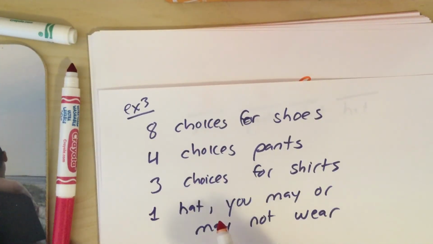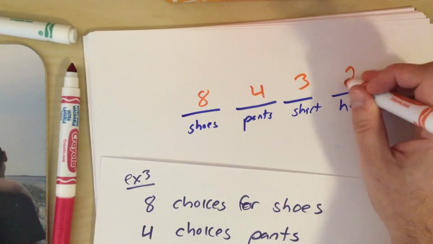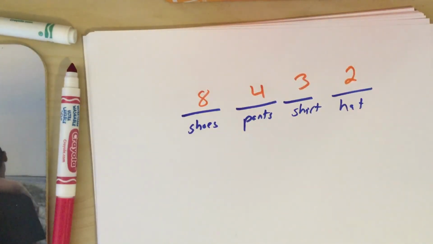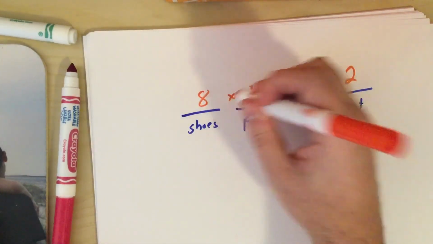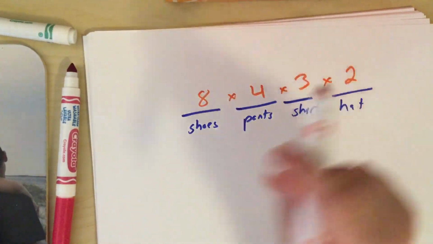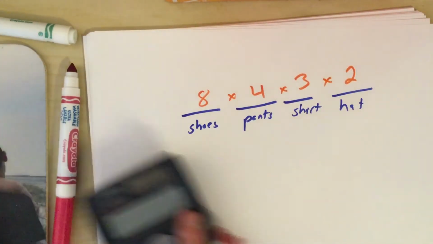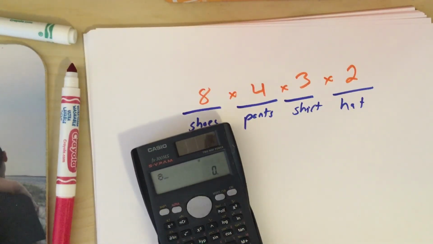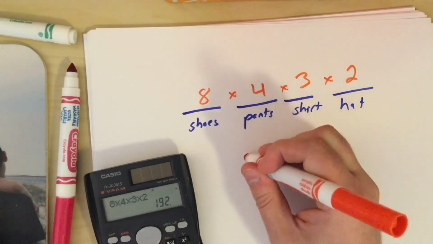Now for the hat, we have 1 hat, but we could wear it or not wear it, so we actually have 2 choices for the hat. So putting that all together, 8 times 4 times 3 times 2 is 192.